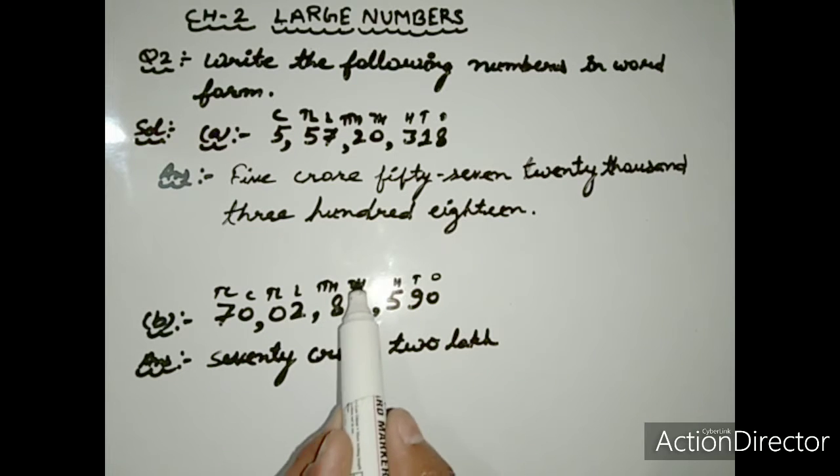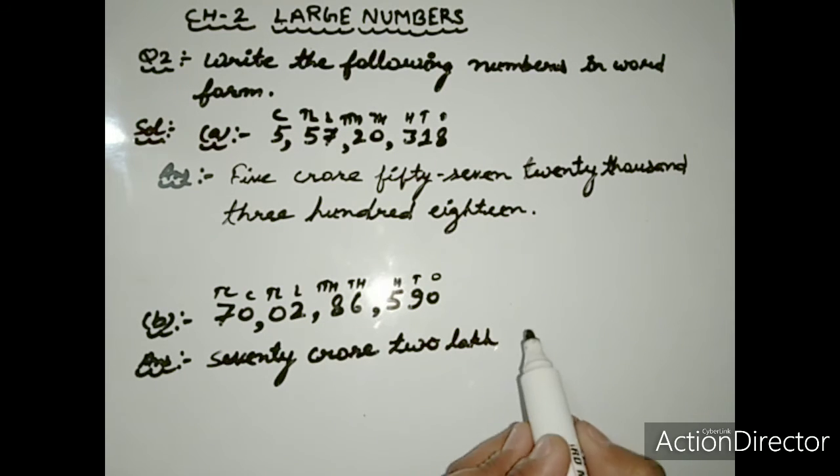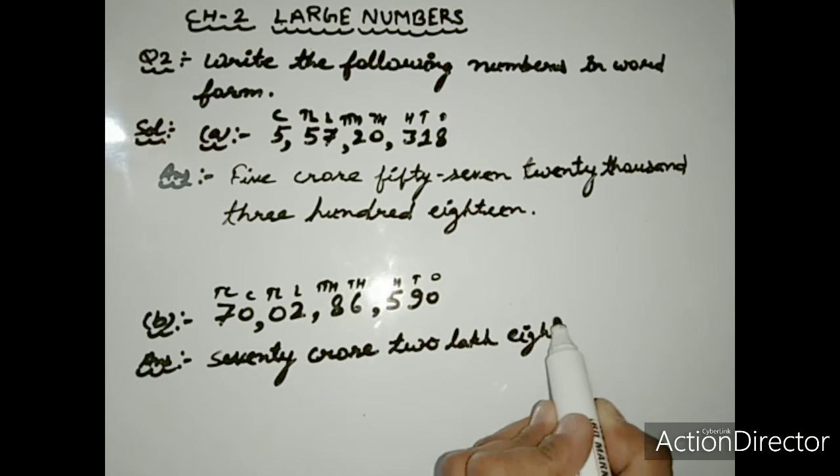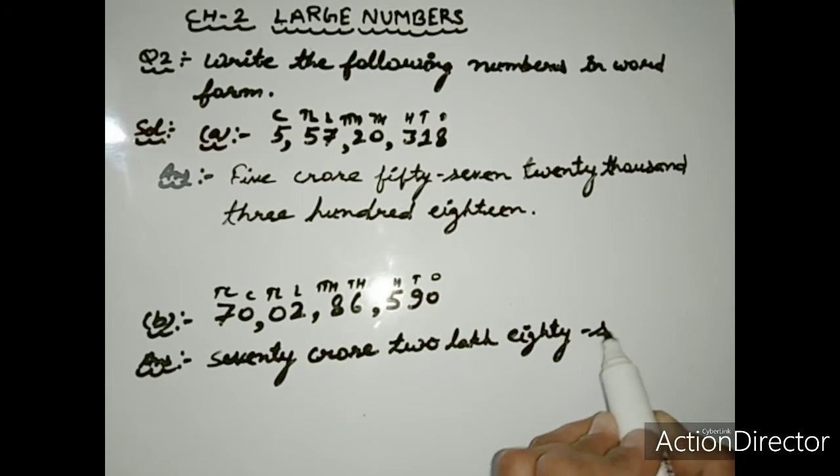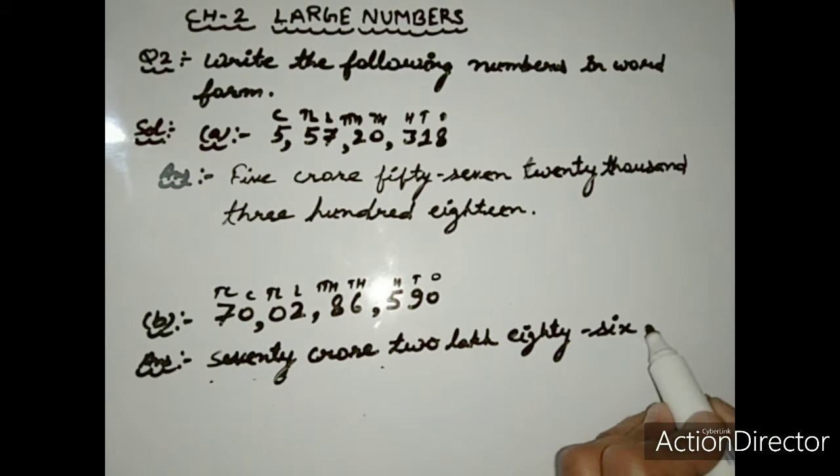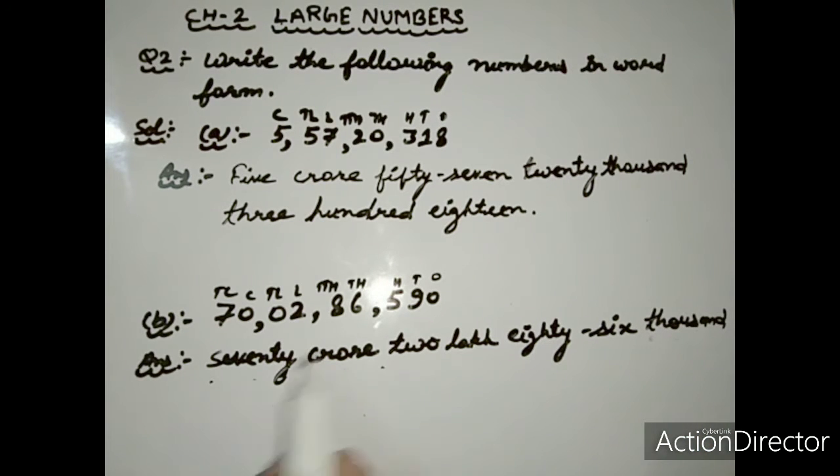We read the thousand place together, 86, so 86,000. 5 in the hundred place, so we write 590.